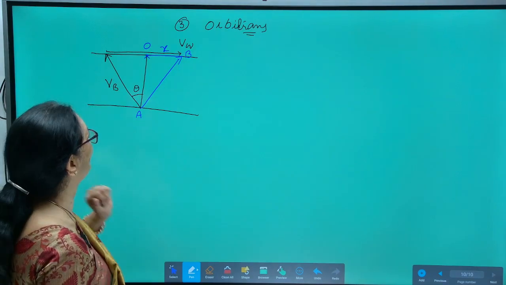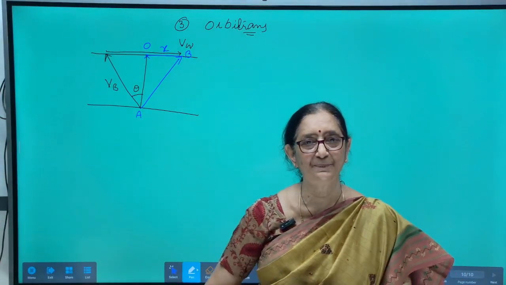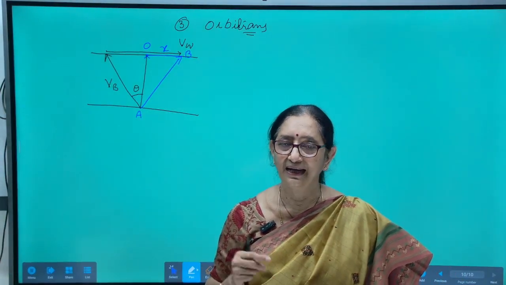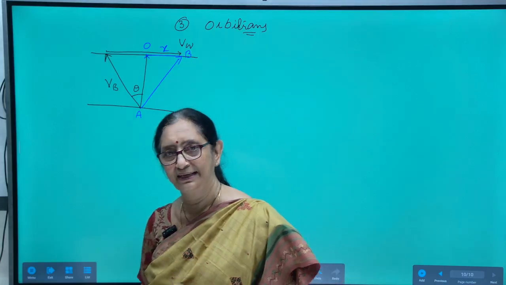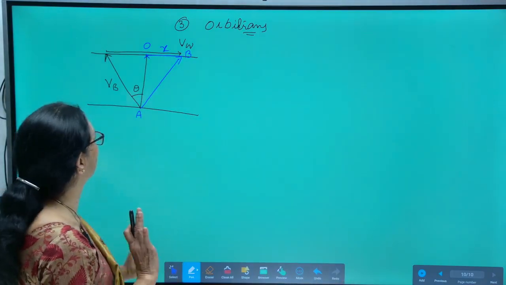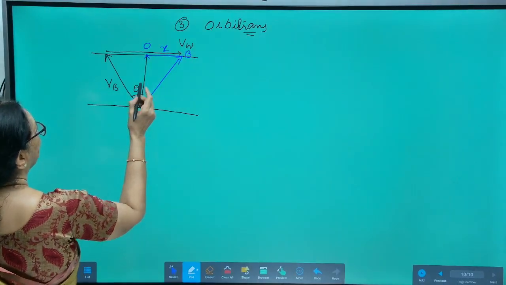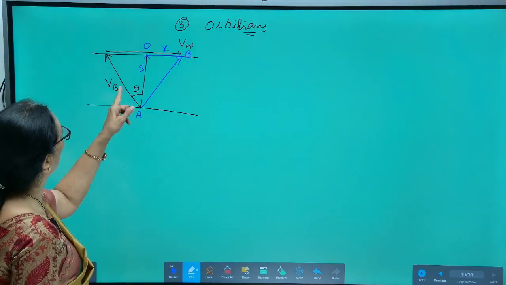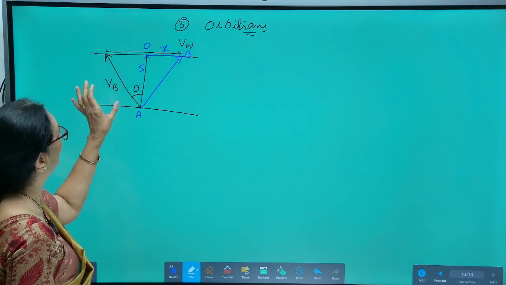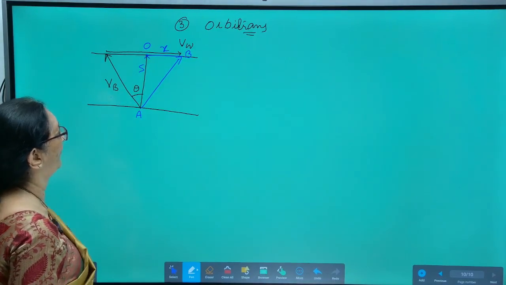In this problem, you may be asked to find the net displacement of the boat, the drift of the boat or the time taken to cross the river. So, let us think about the problem carefully. S is the width of the river. The boat is rowed at an angle theta with a velocity Vb with the normal of the flow.